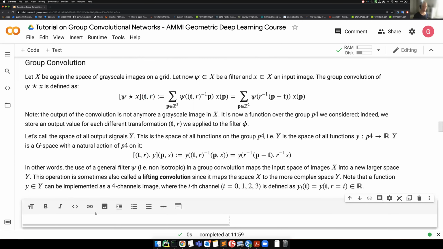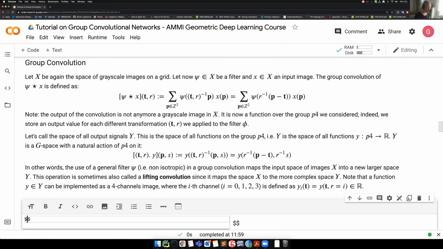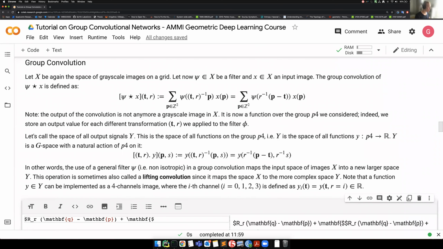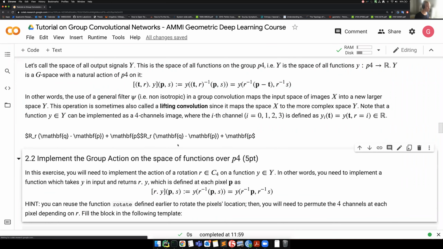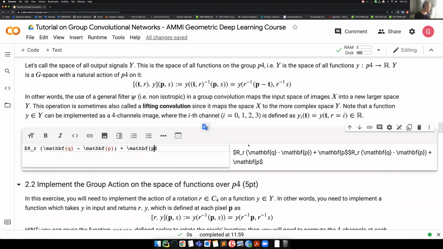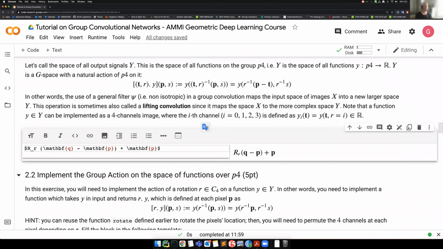If you want to rotate by R around the point P, and you want to transform a point Q, you want to rotate it around the center P. So what you're going to do is first subtract P, now you rotate it by your rotation, and now you sum P back.